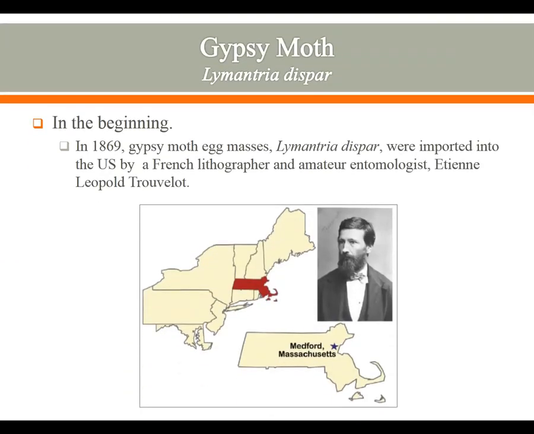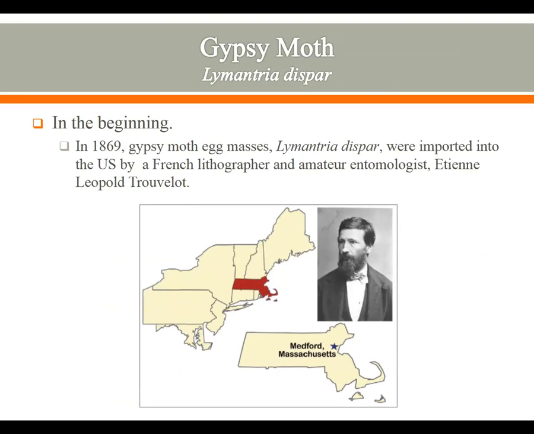As with any good story, you have to start in the beginning, and here we go. In 1869, gypsy moth egg masses were brought to Medford, Massachusetts, by an entomologist, Mr. Trouvelot.